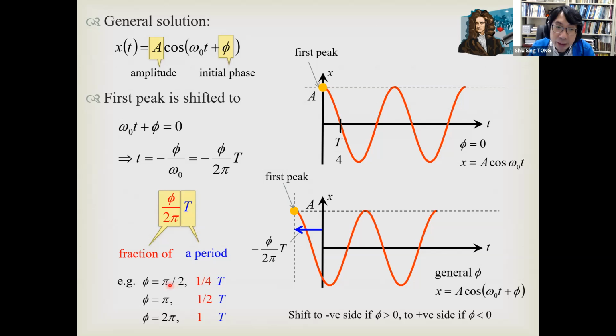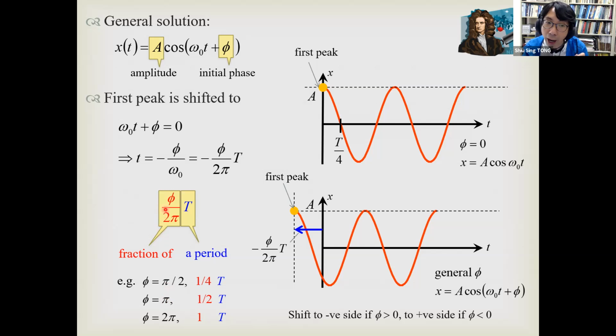So a phase angle of pi over 2 corresponds to a quarter of a period. And that is something you should remember, because you always switch between the angle and how many periods the curve has shifted. How about pi?